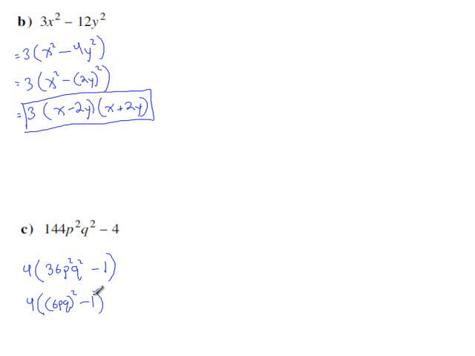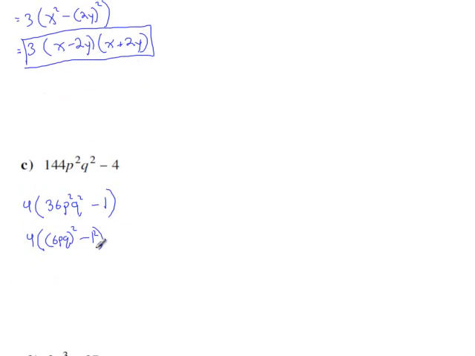And the minus 1 I can write as minus 1 squared. Now we have a difference of squares format. And you write that as 4 times 6pq minus 1 times 6pq plus 1.